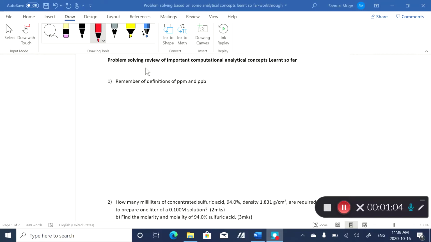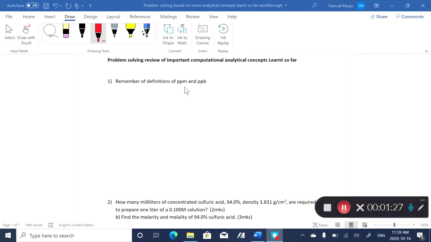Now, remember when we started talking about ppm and parts per billion, and just to refresh your mind, the reason we do this is because when we are doing analytical chemistry, most of the concentrations that we are dealing with are very, very low concentrations.